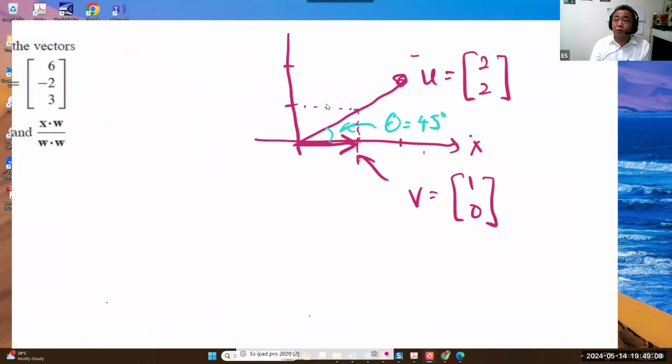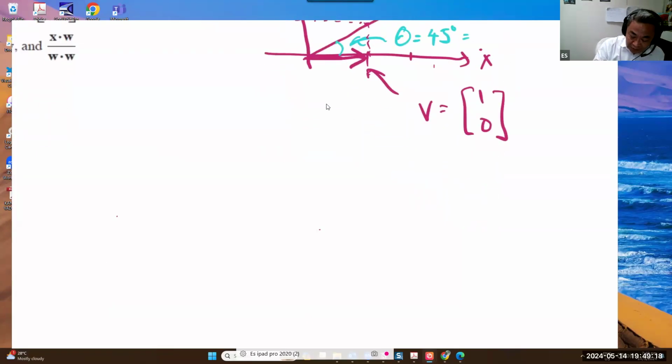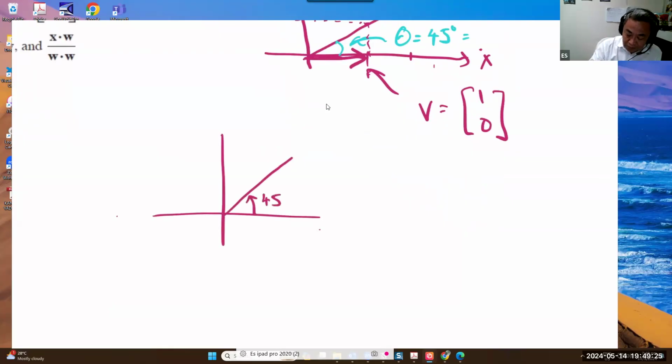But we don't like to write angles in degrees, okay? So please use radians. Let me revise a basic angle for you. This is 45 degrees, and 45 degrees is equal to how many pi?